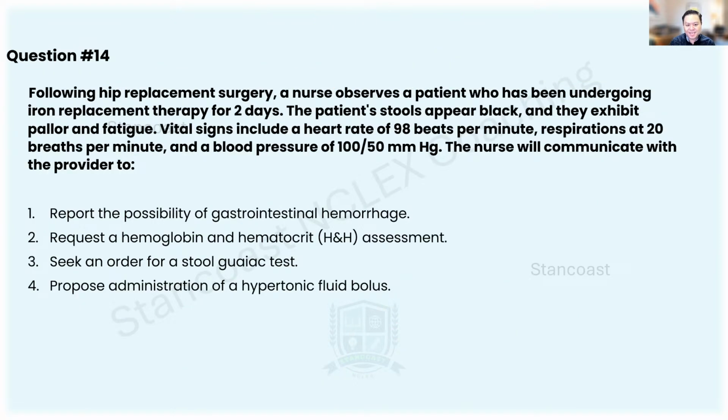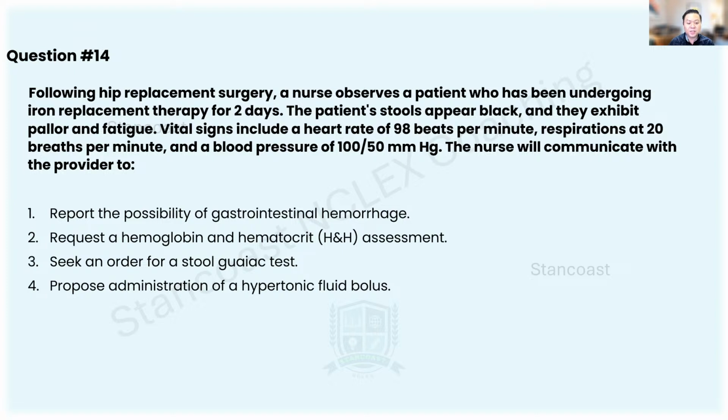Number 14, following a hip replacement surgery, a nurse observes a patient who has been undergoing iron replacement therapy for 2 days. The patient's stools appear black and they exhibit pallor and fatigue. Vital signs include a heart rate of 98 beats per minute, respirations at 20 breaths per minute, and a blood pressure of 100/50 mmHg.